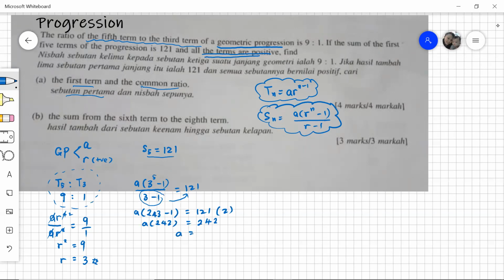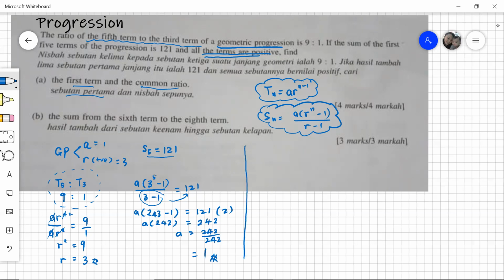So to find A, we just take 242 divided by 242. We got A equals 1. So we found our A, the first term, and our common ratio, which is R equals 3. So we have solved part A.